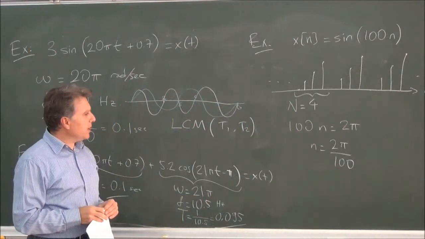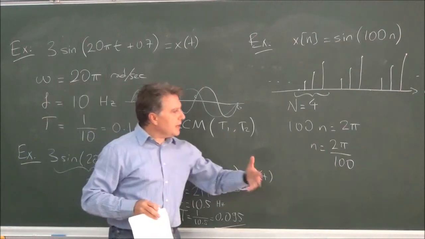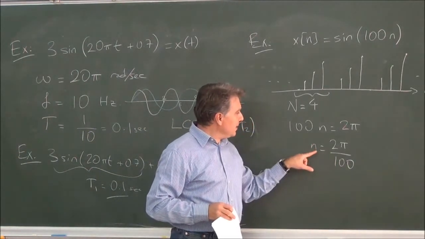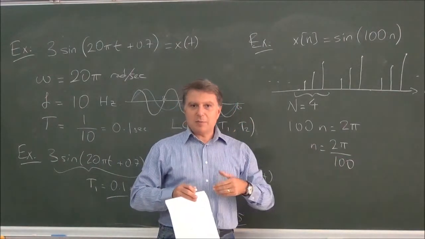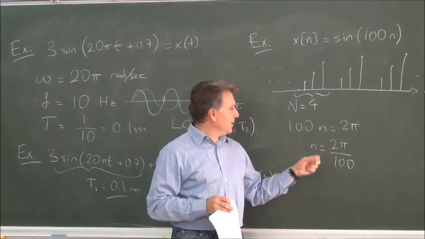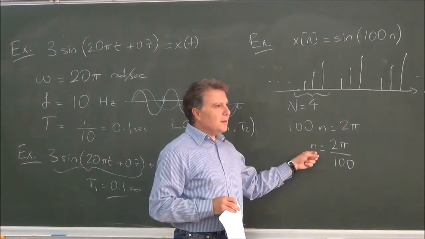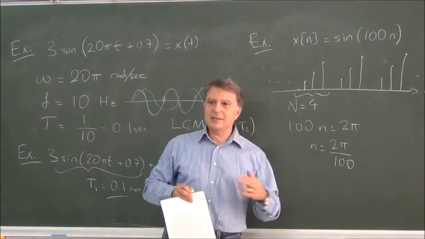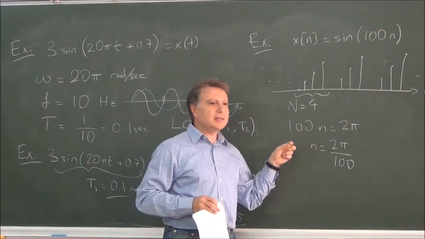And 2 pi over 100 is not an integer. So you have to multiply it as many times as possible to make this n an integer. For example, if it is 7.1 that you come up with, then if you multiply it by 10, it becomes 71, which is an integer, and I will say that the period is not 7.1, but it is 71.